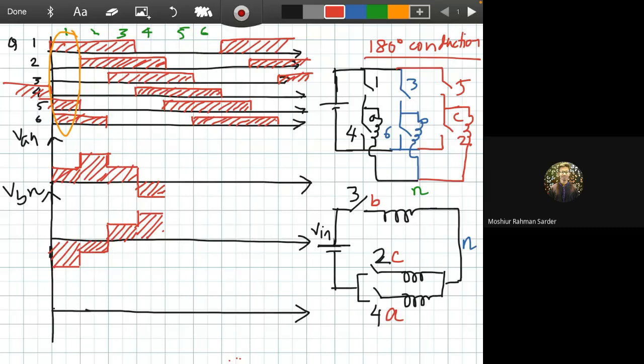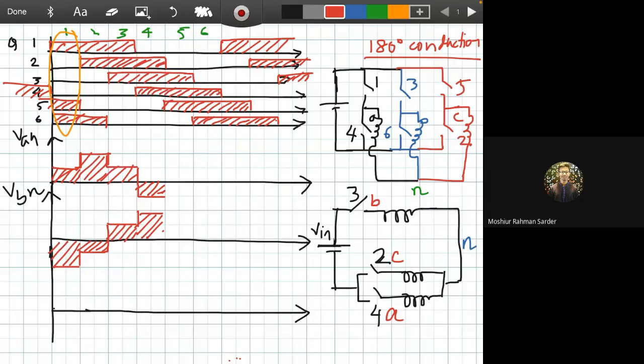Could you please explain why it's one third of Vin?